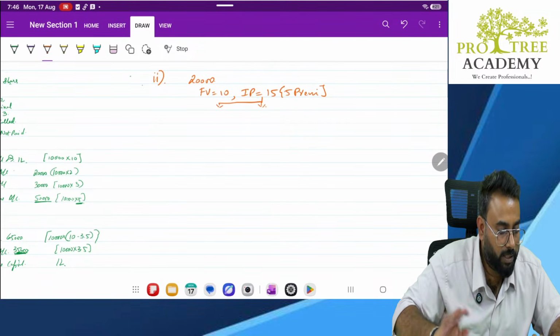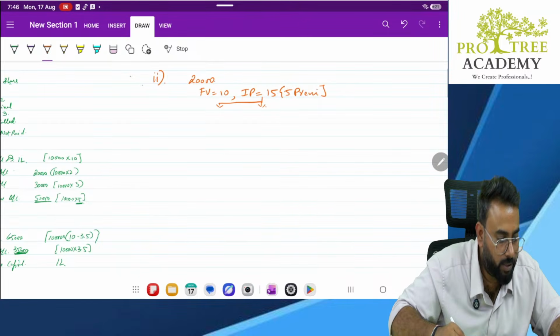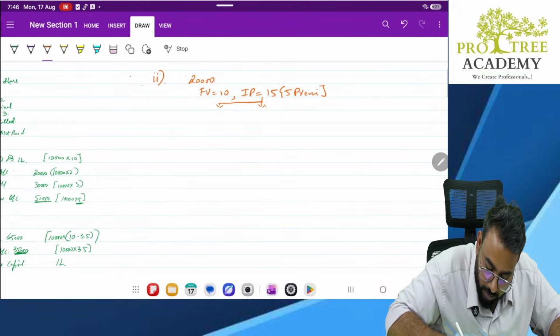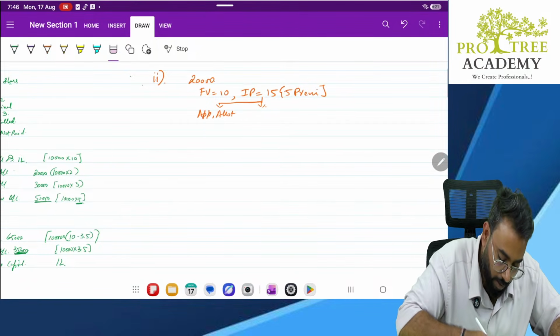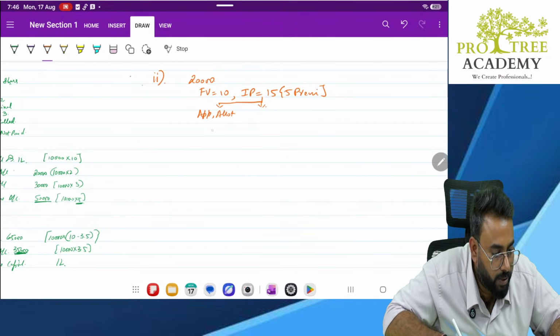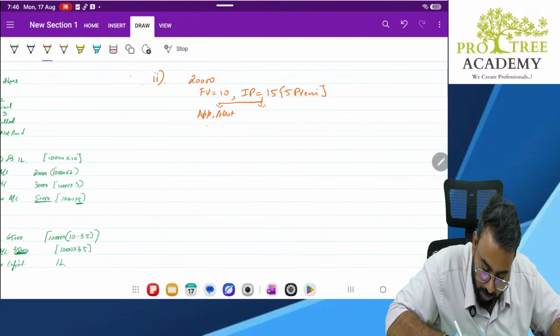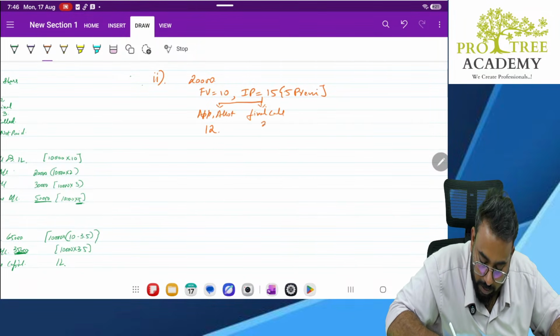We'll take only two parts because only information of two things is given. Application and allotment, how much? 12. Final call, how much? 3.